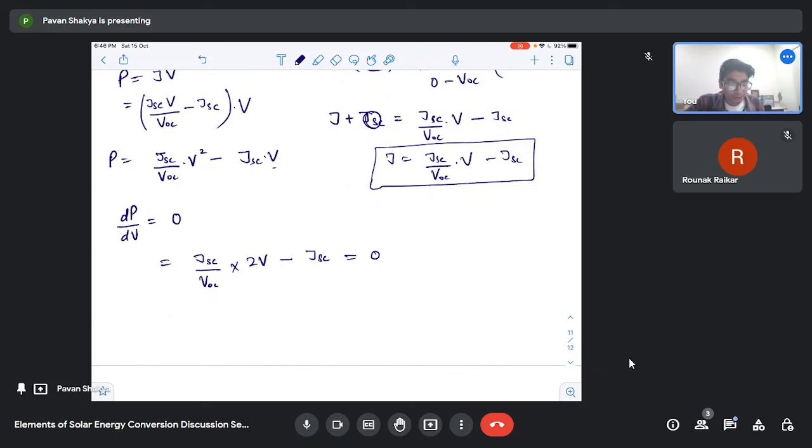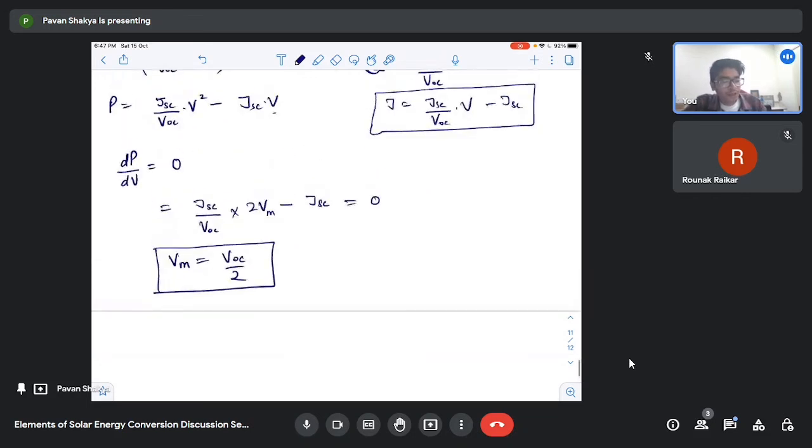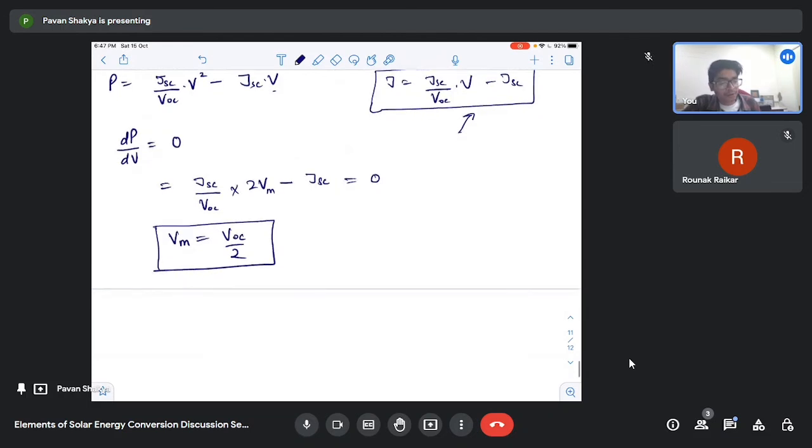This V, which we denote as VM, is the voltage at which we are trying to maximize the power. From here we find that VM will be equal to VOC divided by 2. This is the voltage at which the power will be maximum. Now from this equation we can find the current at which the power will be maximum.